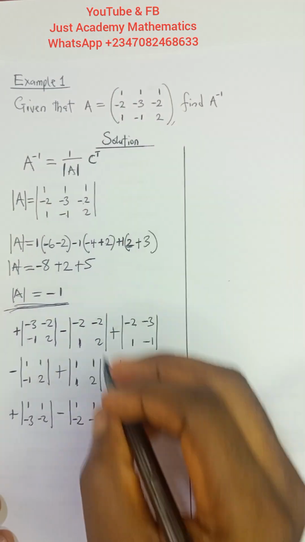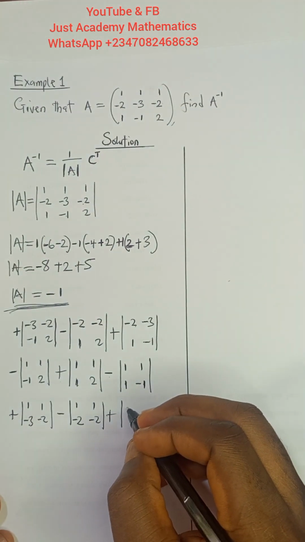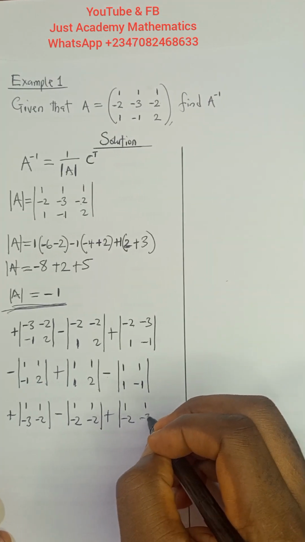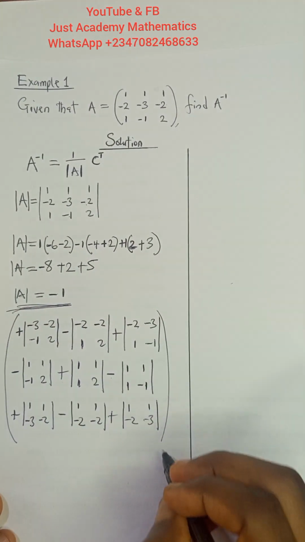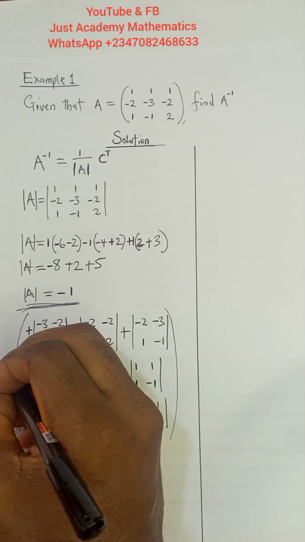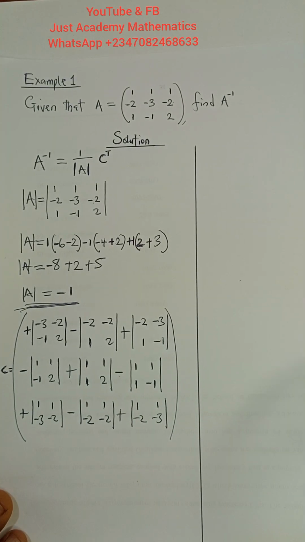And finally, we go with plus. Well, this is out. We have 1 -2 and 1 -3 left. So this is the cofactor. This is what we call the cofactor. You can put C here. C is equals to this. That is what we call the cofactor.